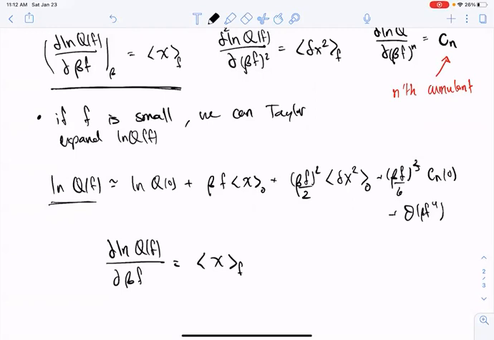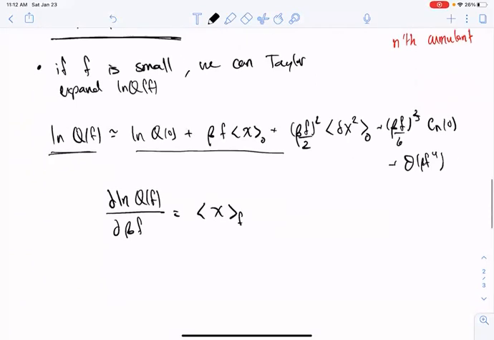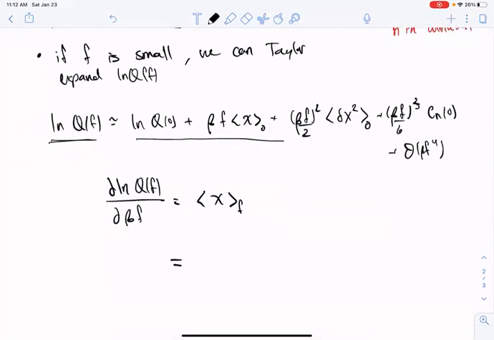If we take the derivative of the right-hand side of its approximate form, given F is small, we would find the 0th order term does not depend on F, so taking its derivative, that term goes away. The second term, beta F average X at 0, says that the average position of X in the presence of F at 0th order is just what its average was in the absence of F. That's not super exciting, so let's go to one more order.